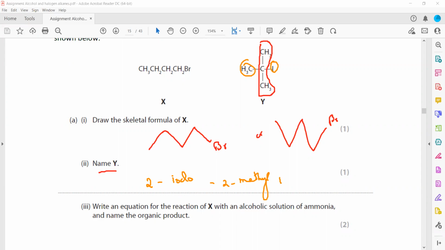But remember, whenever the main chain is propane and there is a branch, there is only one possibility, so it is obvious that it should be on the second carbon. We don't have to specifically mention the position. Like if I say iodomethylpropane, this is obvious, because the branch is on the second carbon. So if I don't write 2 here, this is also correct.